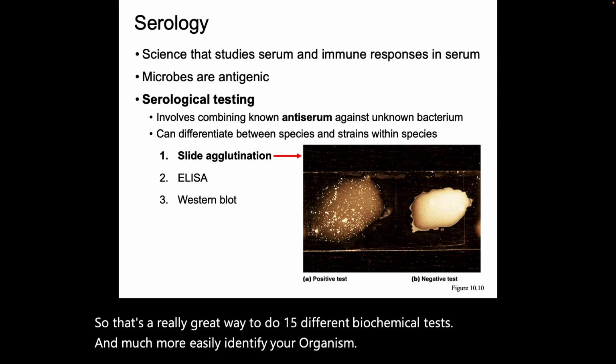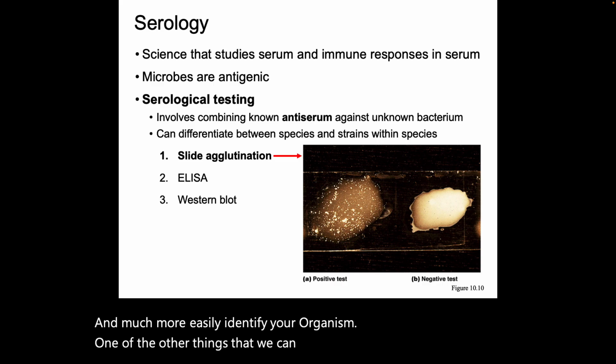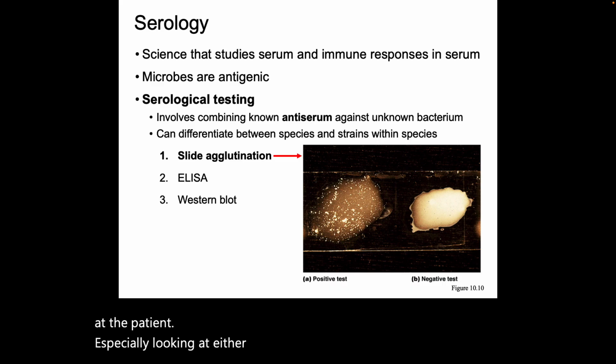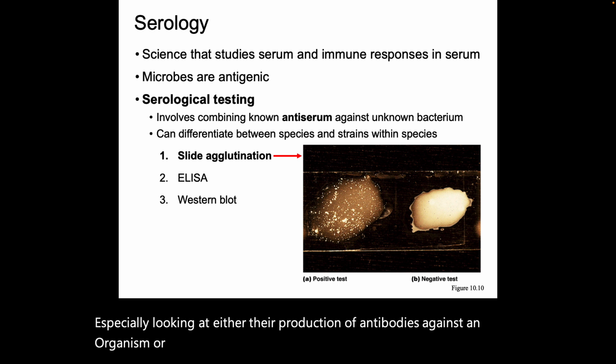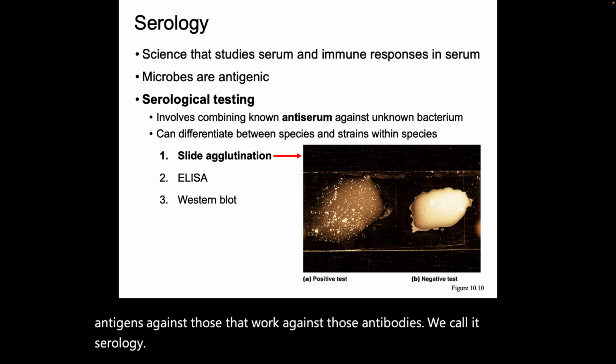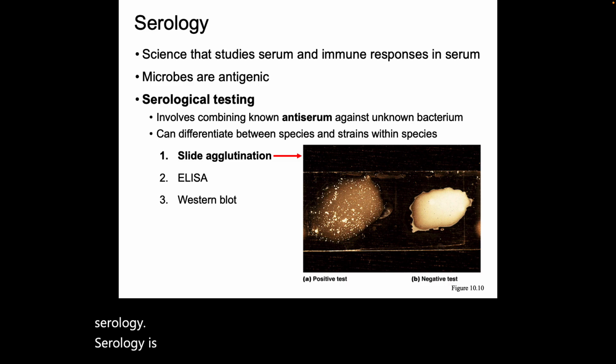One of the other things that we can do to try to identify organisms is look at the patient, especially looking at either their production of antibodies against an organism, or looking at known antibodies and seeing if the patient has antigens that react with those antibodies. We call it serology. Serology is really useful for diagnosing viral infections.